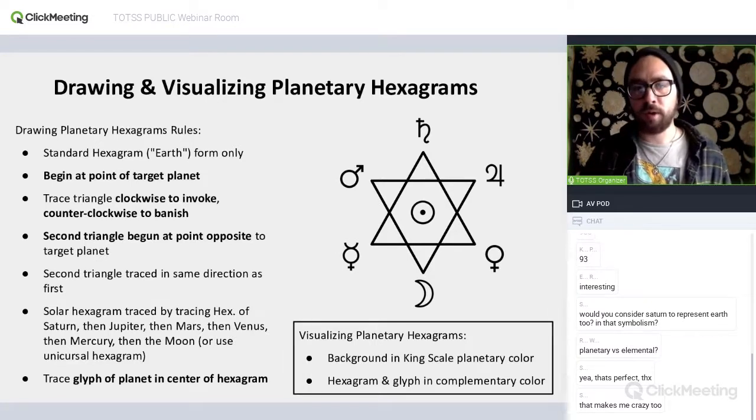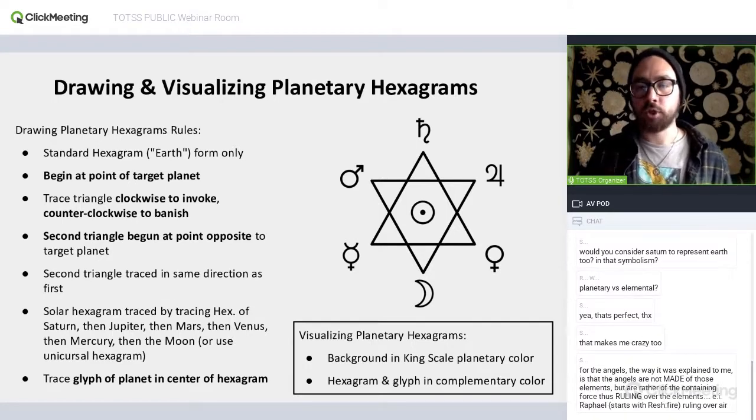The earth form was the standard interlocking 2 triangles, and then we saw 3 other arrangements. Those other arrangements are not relevant to the greater ritual of the hexagram. We're only using the standard interlocking triangles that you see there. It's just which points you start from in drawing it that's going to vary from one to the next.